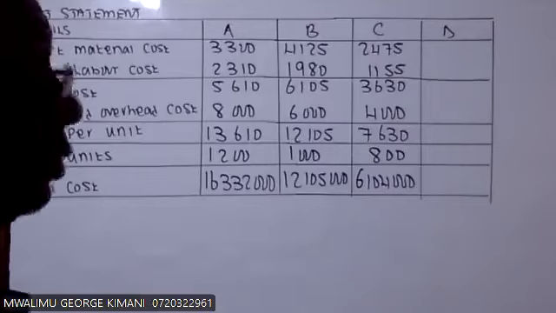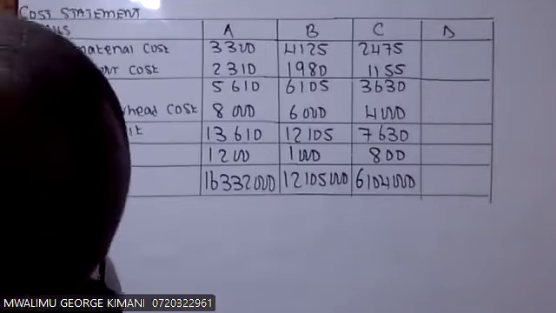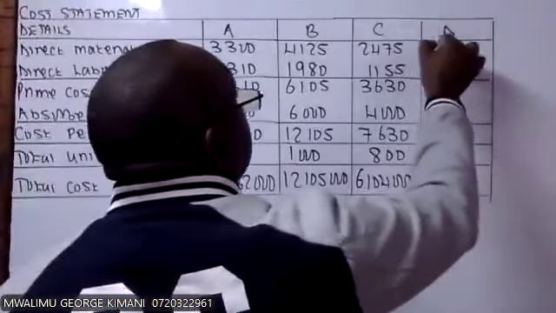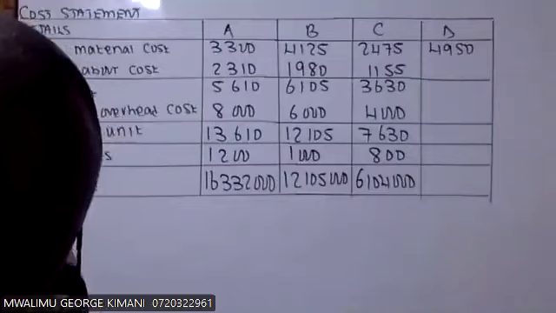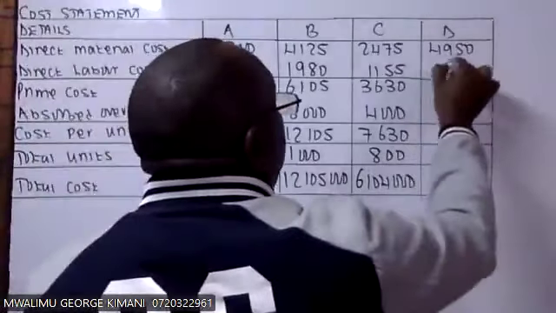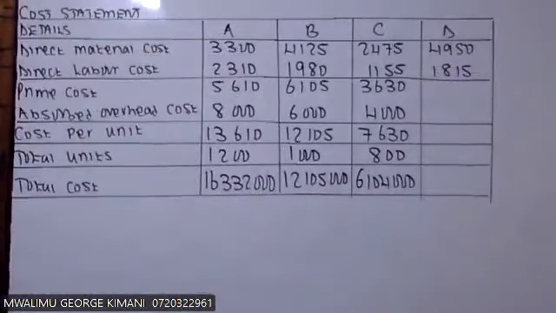I think we have to harmonize. This is 49.50 and 18.15. So when you have added this, you get what?